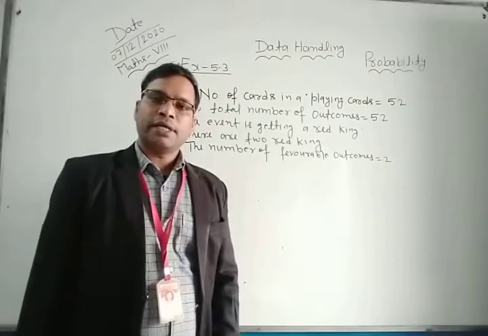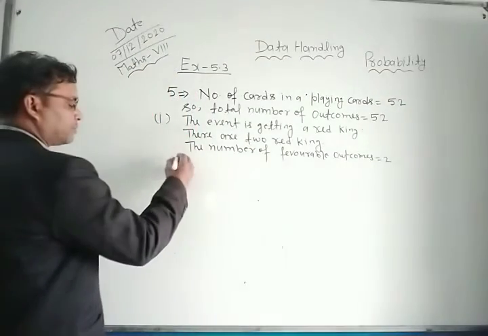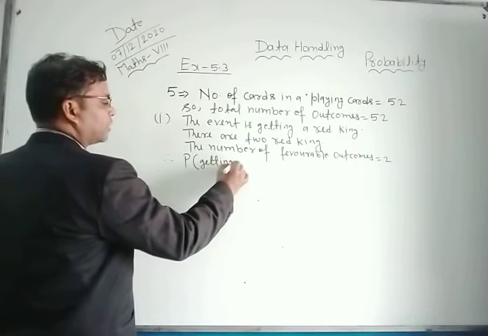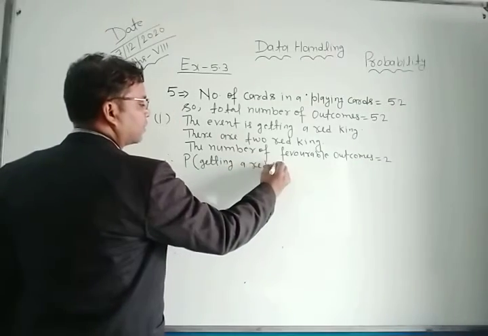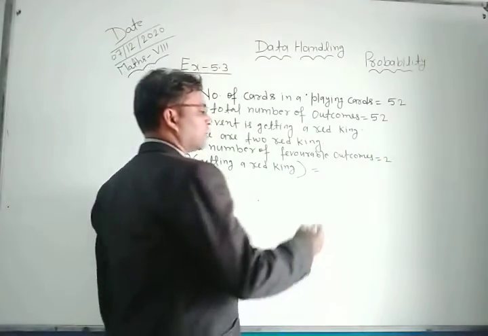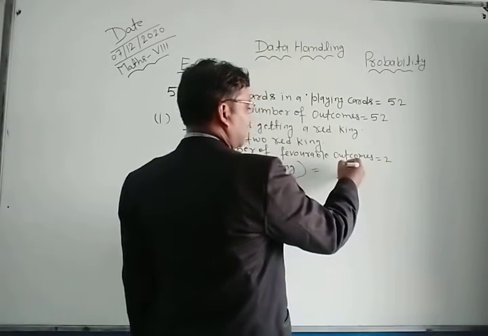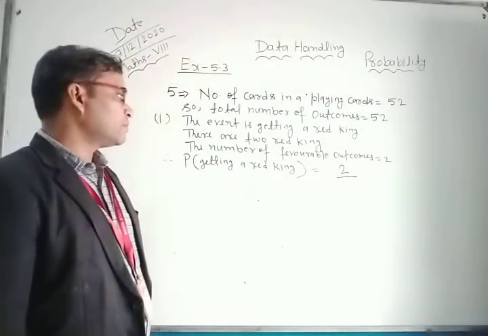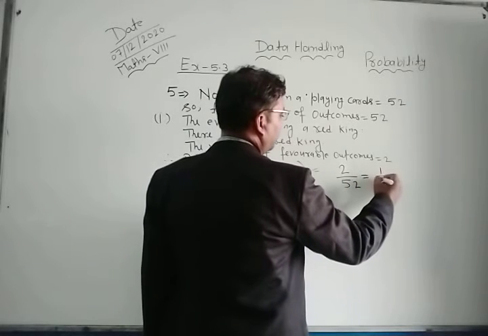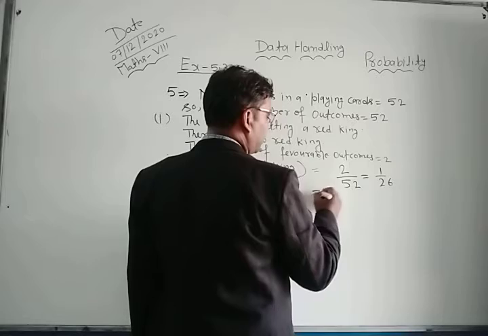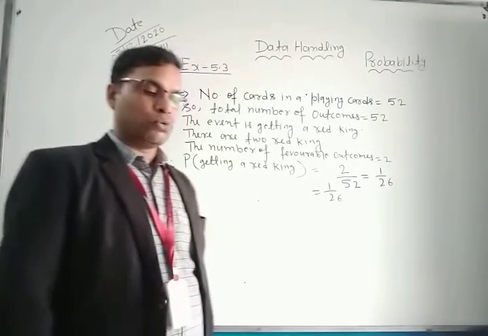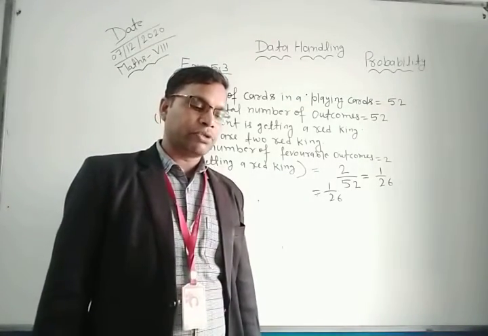So the probability of getting a red king is equal to 2 upon 52, which is equal to 1 by 26. 1 by 26 is the probability of getting a red king.